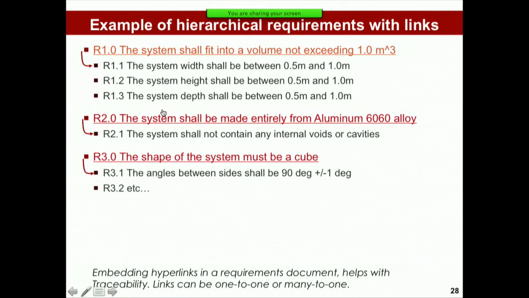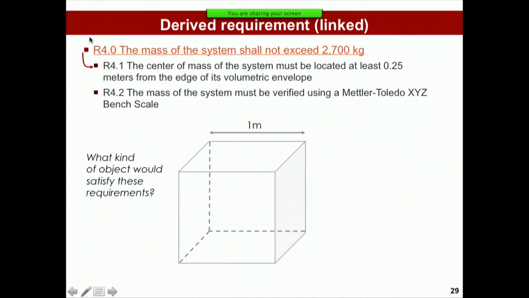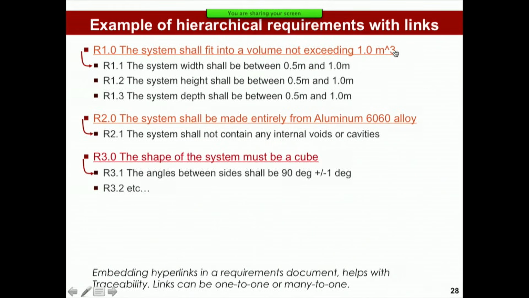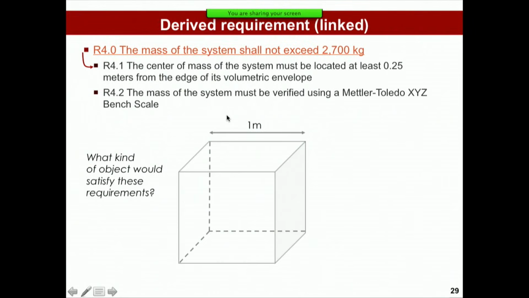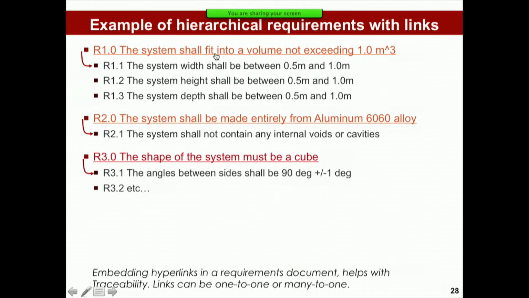So the fact that it's made of aluminum and the volume cannot exceed 1 cubic meter, then this requirement 4, the mass shall not exceed, it's not an independent requirement, it's a dependent or derived requirement based on the first two, and therefore they're linked. Do you see how this works? And to really manage requirements well and link them, use these hyperlinks. It's very, very effective.